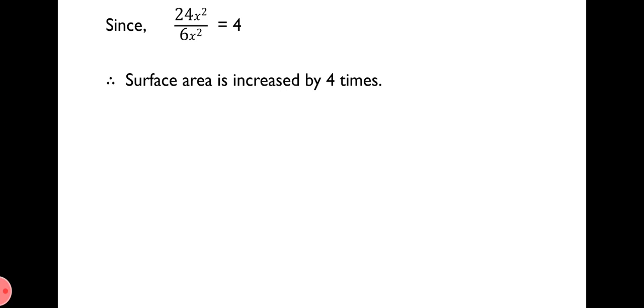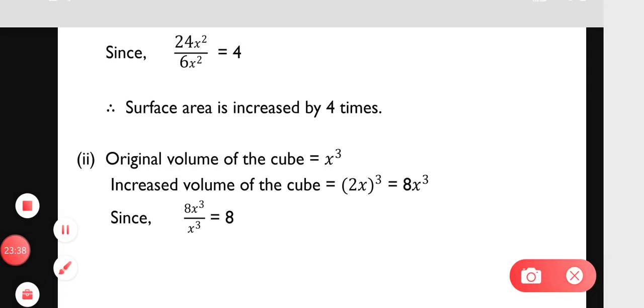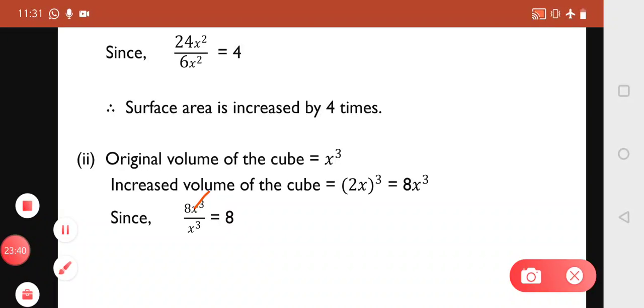Now let's see for the volume. The original volume of the cube equals x cube. The increased volume of the cube equals (2x) whole cube. Cube of 2 is 2 2s are 4 and 4 2s are 8, and cube of x is x cube. So we get 8x cube. Since 8x cube upon x cube equals 8, here again you can cancel x cube.